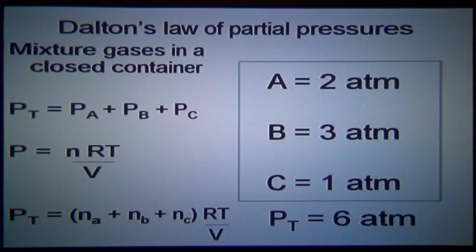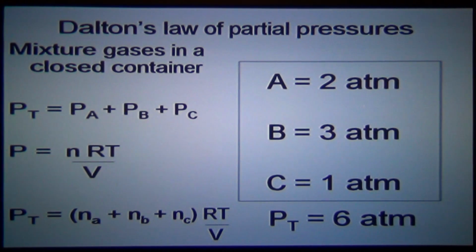Notice the bottom left equation can be very beneficial. Since we have a lot of constants here, we have a common container, all the gases are at the same temperature, they're all at the same volume, the container size is the same for all the gases, R is the universal gas law constant. If you wanted to get the total pressure, and you're not interested in the individual pressure of each gas, but all you want is the total, you can take the moles of each gas and add them together.